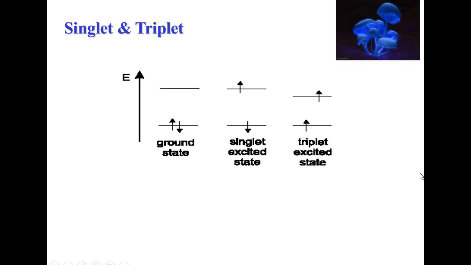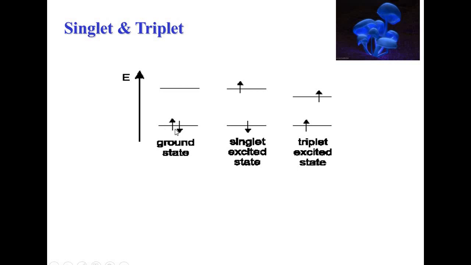So before going to the details of fluorescence, let's understand some important terms. The first important term is the singlet state. A singlet state is one in which all the electrons have opposite spin. This is a singlet ground state.